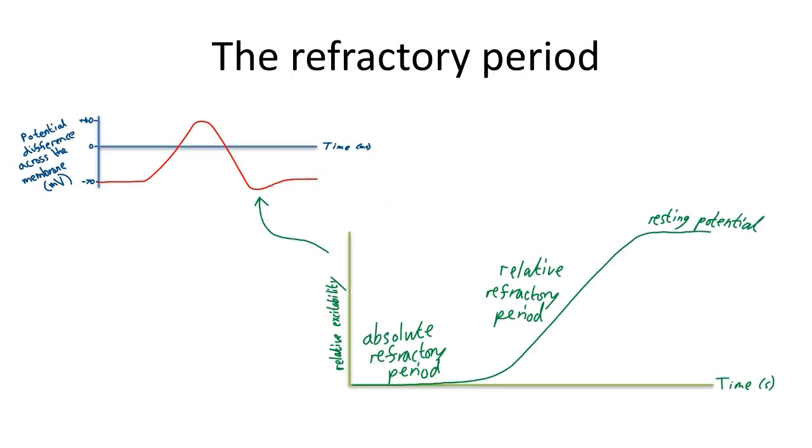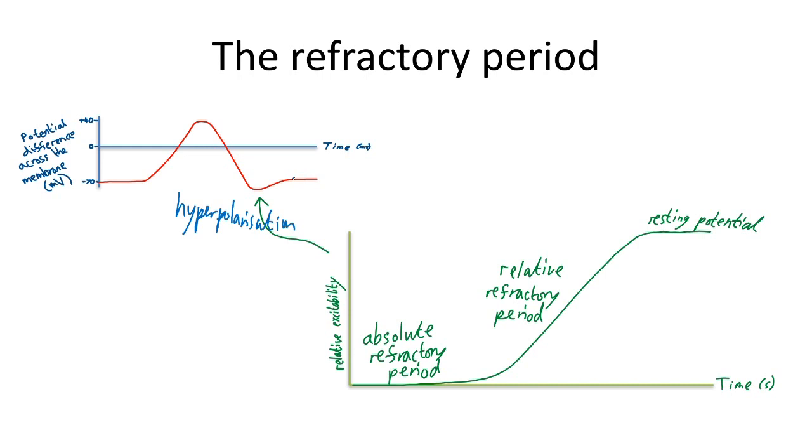Now, earlier I mentioned this phase of the action potential called hyperpolarization. Hyperpolarization is when the membrane potential temporarily dips below -70 following the repolarization stage.